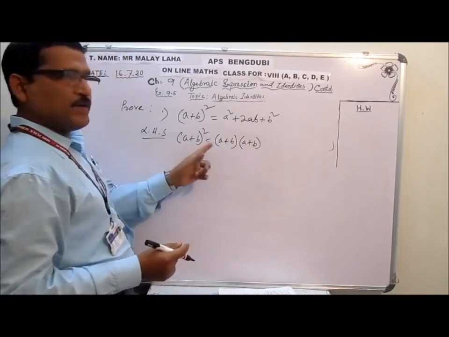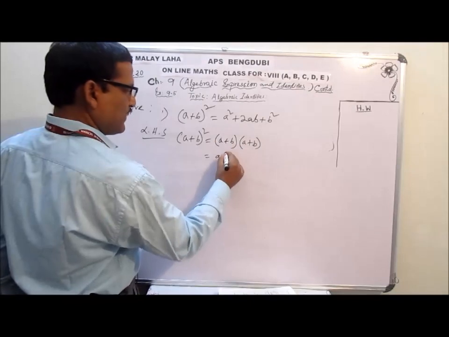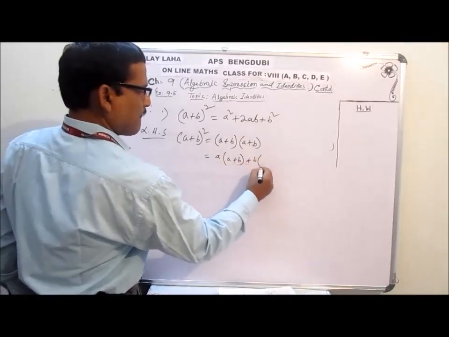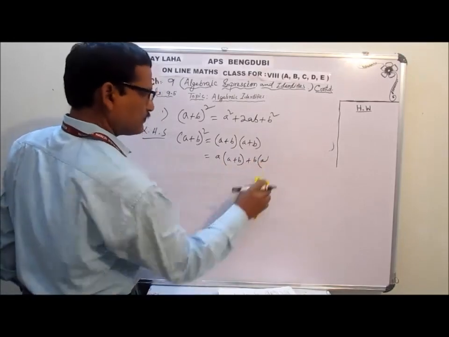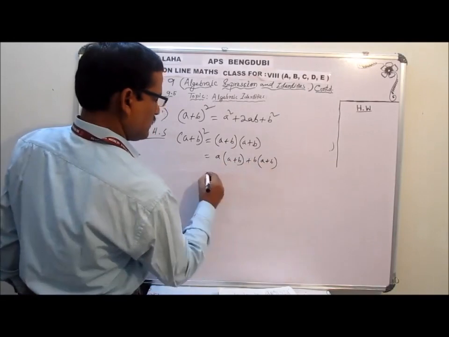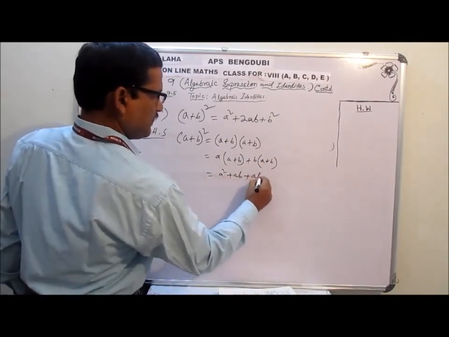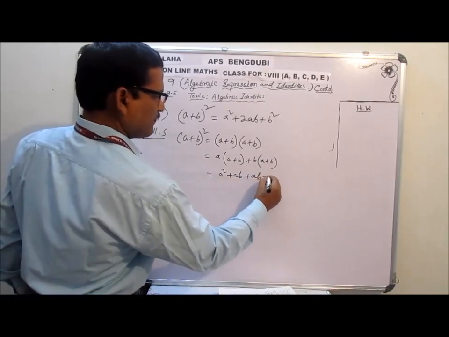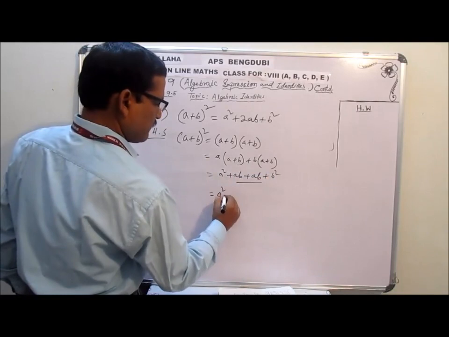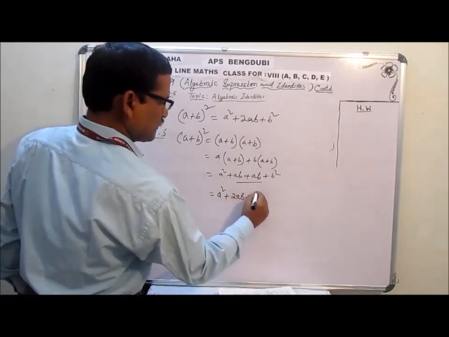Binomial product, so this one I will keep fixed and the other you have to multiply. So a square plus ab plus ab, ba or ab will be the same, and b square. So these two are like terms, so a square plus twice ab plus b square. Proved.